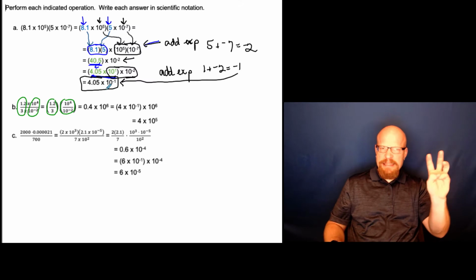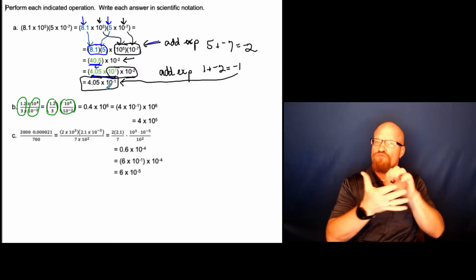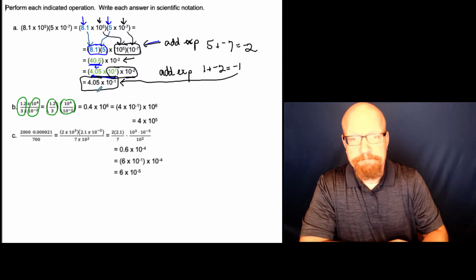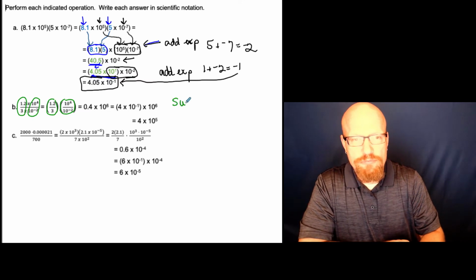10 to the 4th divided by 10 to the negative 2 equals 10 to the 6th. How does that even happen? Remember our rules for dividing exponents.